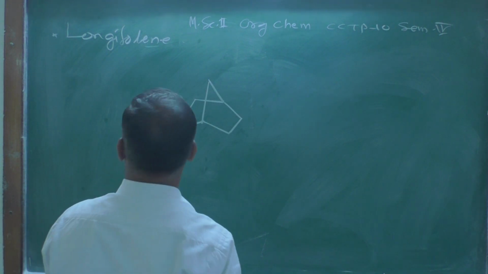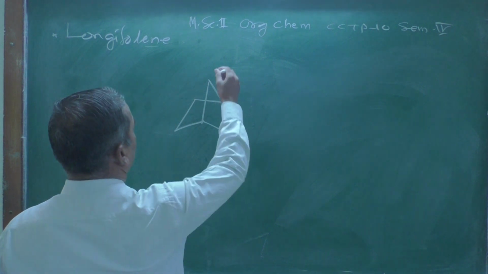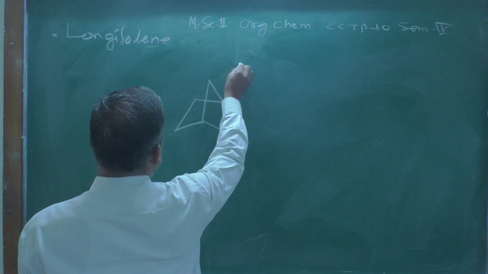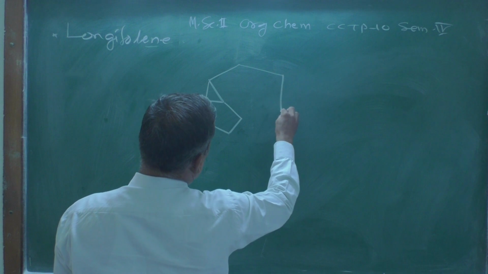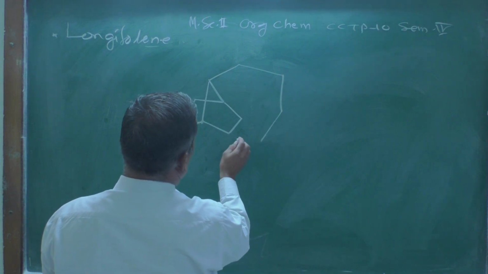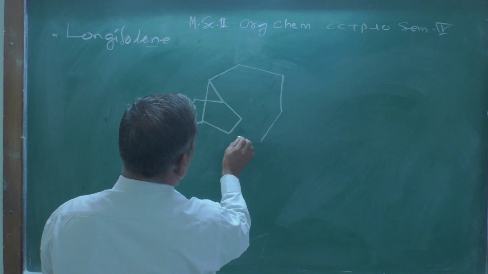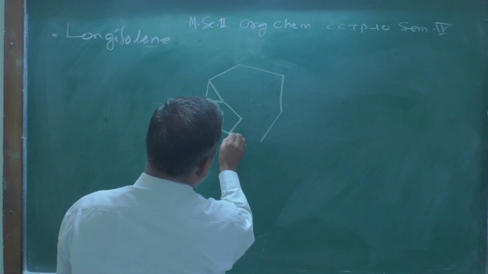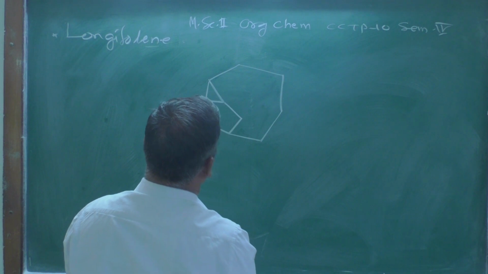Now this type of bicyclic compound is further attached with a 7-membered ring.